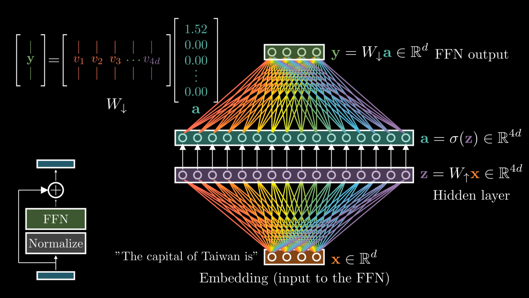One way to interpret this down projection matrix is that its column vectors encode factual information related to specific questions posed by the first linear layer. For example, the first column vector v1 may encode the semantic concept of Taipei City. It may also consist of related concepts like TSMC or bubble tea. We then add the output vector Y back into the original token embedding through the residual connection.